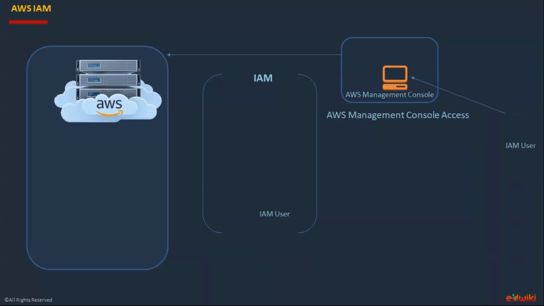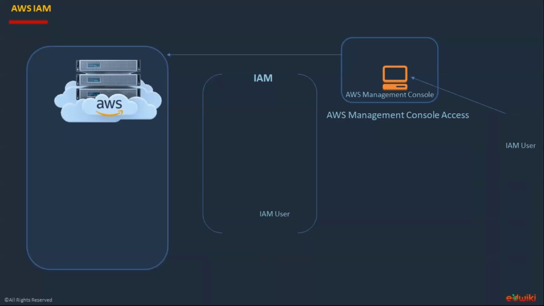Let's say in my team, if there are 5 engineers working for this project, then I will create a total of 5 IAM users. Each user will have their own username and their own password. So all these people use their own credentials to log into AWS. It's a single AWS account again, but everyone has their own username and password to log in.